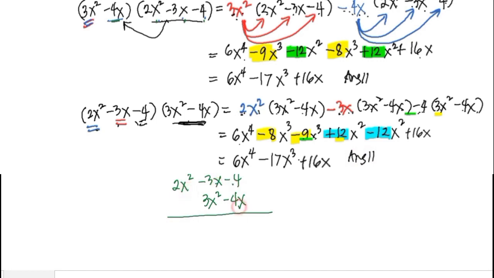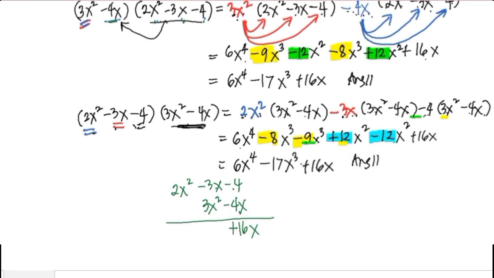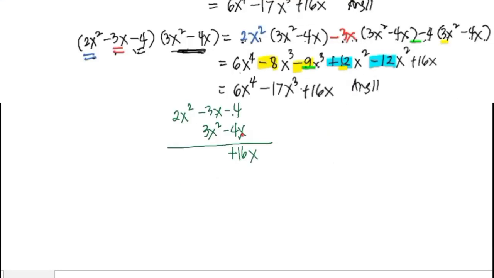So negative 4x times negative 4 is positive 16x. And then we have negative 4x times negative 3x is positive 12x squared. Negative 4x times 2x squared is negative 8x cubed.